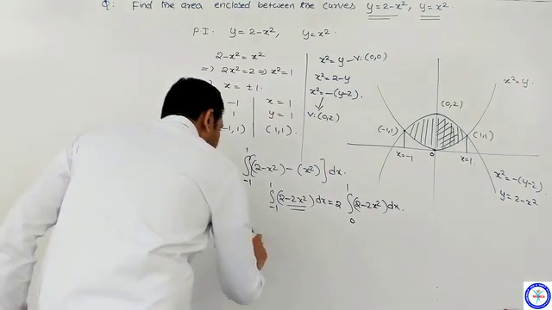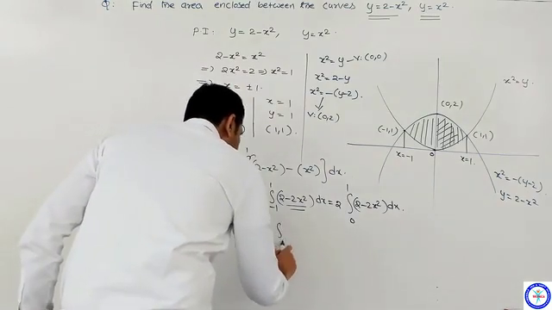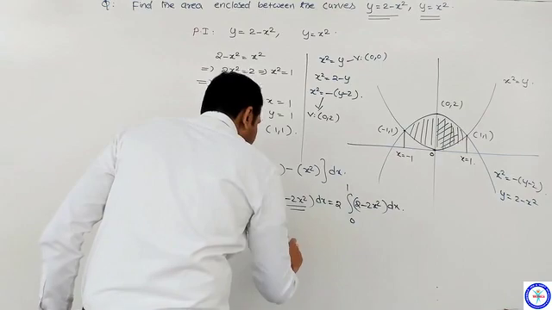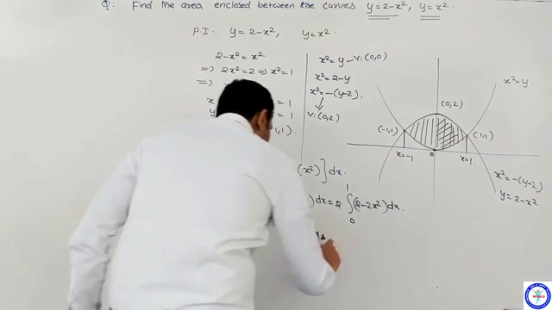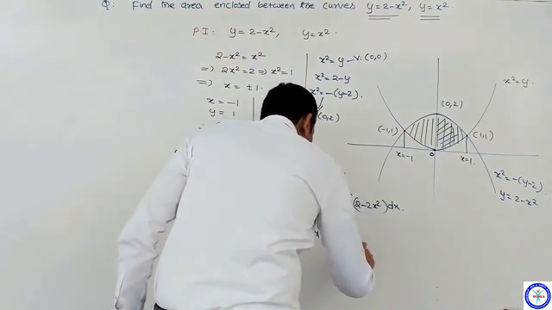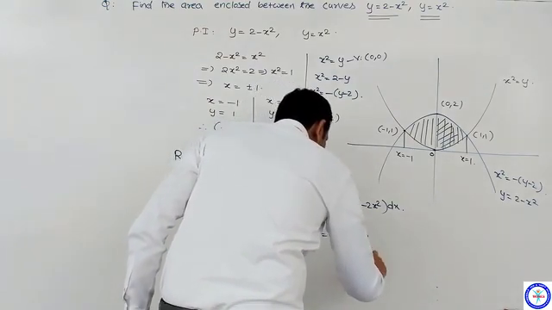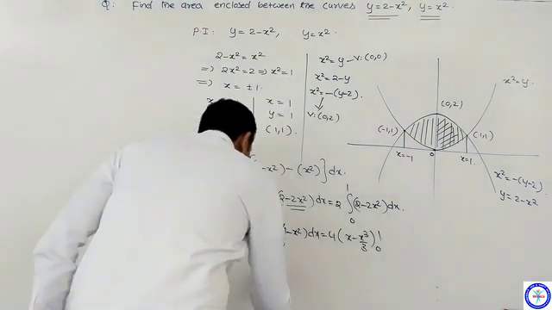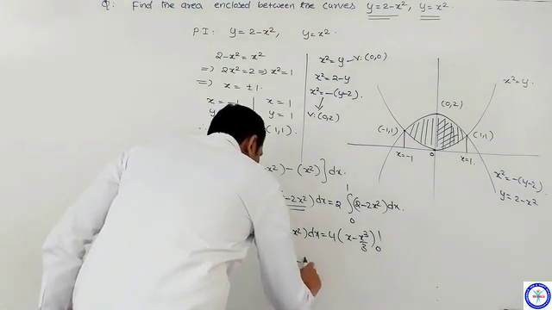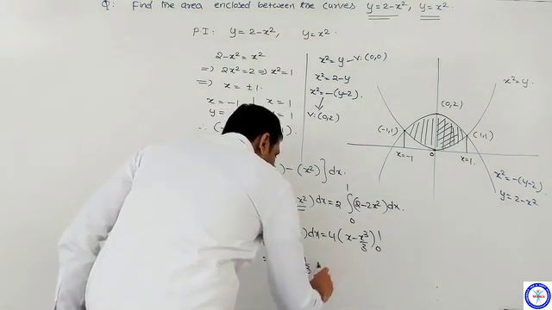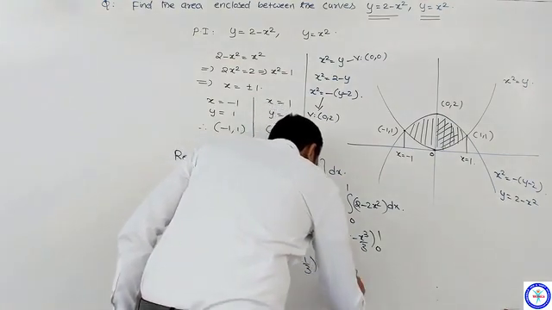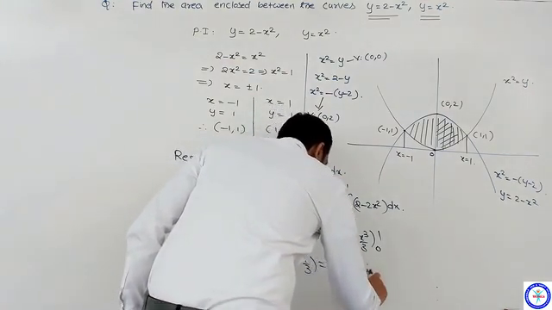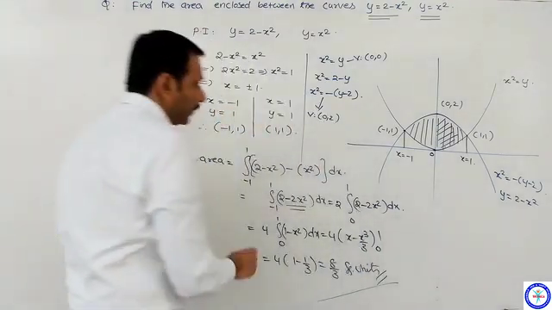Therefore, now it is equal to 4 times integral 0 to 1, I have taken 2 common, of 1 minus x square into dx. It is equal to 4 into x minus x cube by 3 with limits 0 to 1, equal to 4 into 1 minus 1 by 3 minus 0, that is 2 by 3. 2 into 4 means it is 8 by 3 square units.